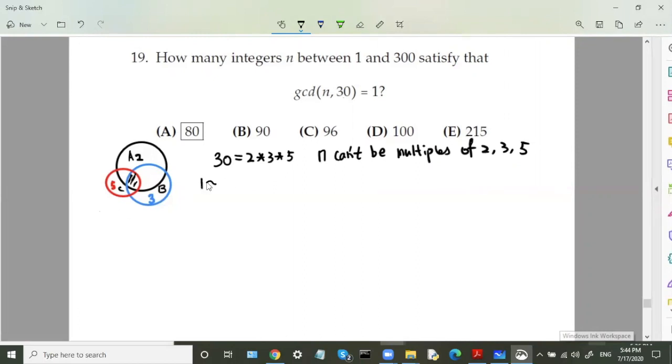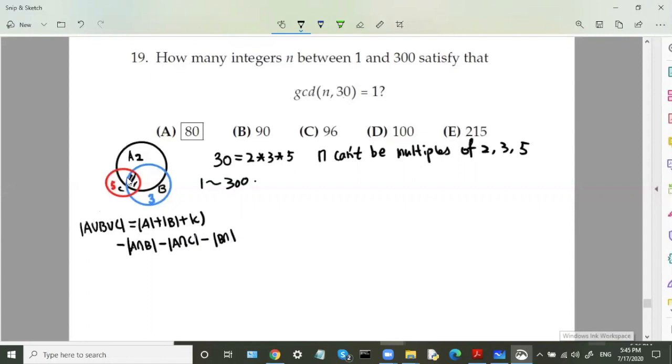Say the multiples of 2 are set A, multiples of 3 are set B, and multiples of 5 are set C. So we have the formula: A union B union C equals set A plus set B plus set C, and subtract A intersect B, A intersect C, and B intersect C.